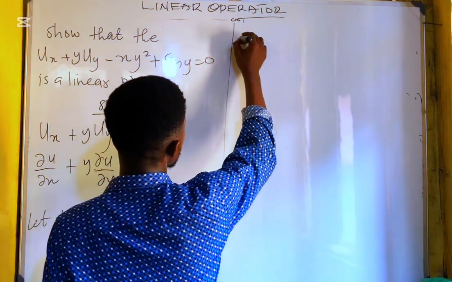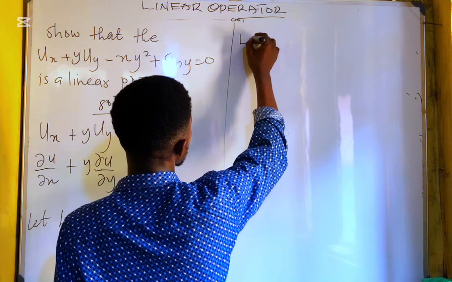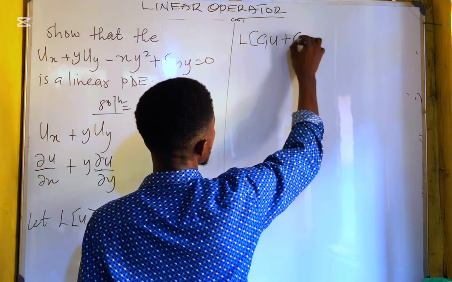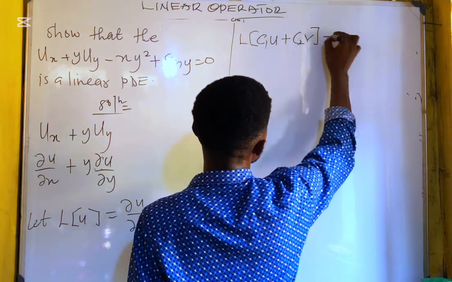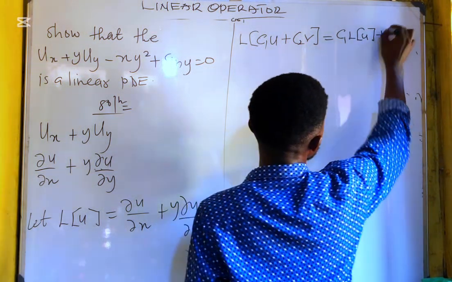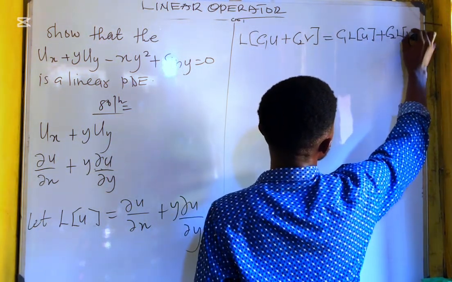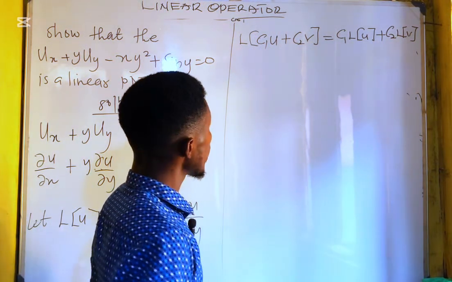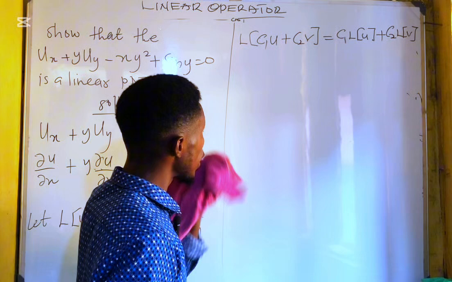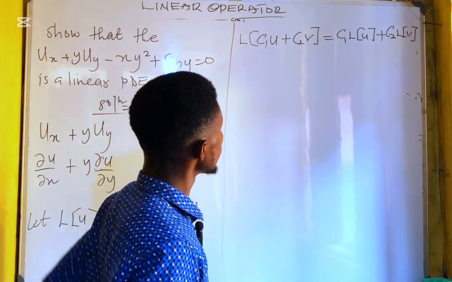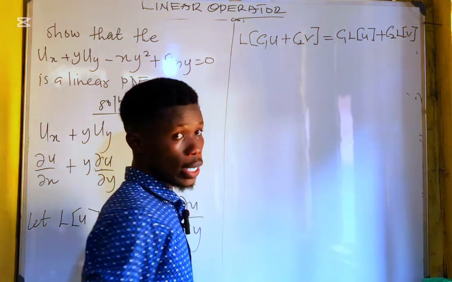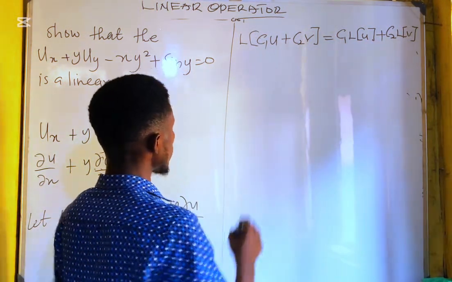The combination one says that L of C1U plus C2V should give us C1LU plus C2LV, where U and V are functions and C1 and C2 are constants. So if you are able to prove this to be equal to that, then it is linear. So let's start.